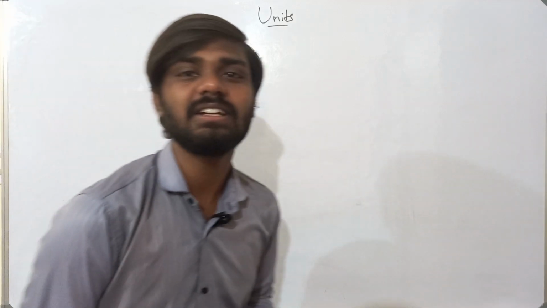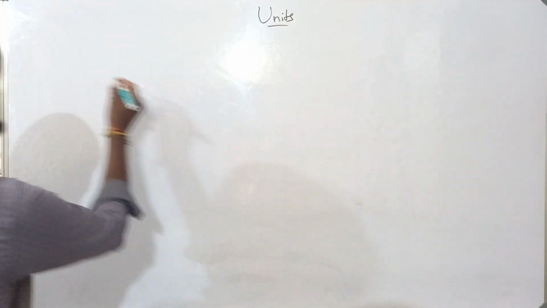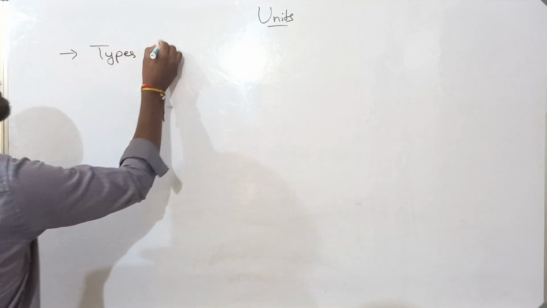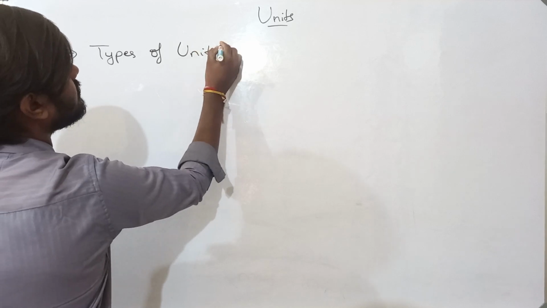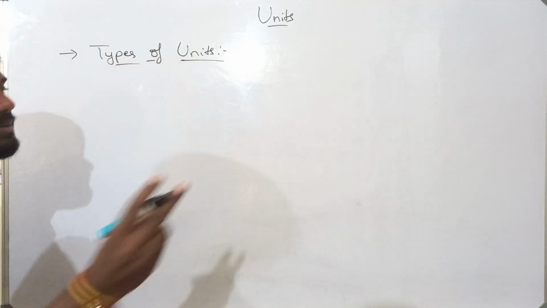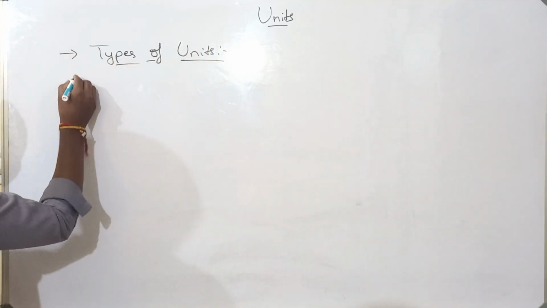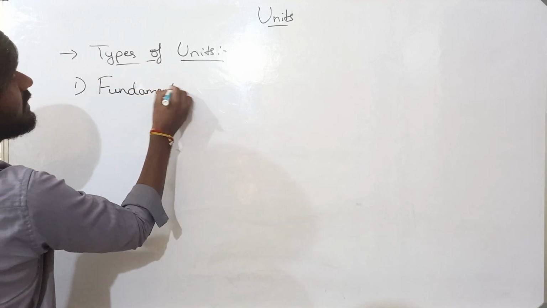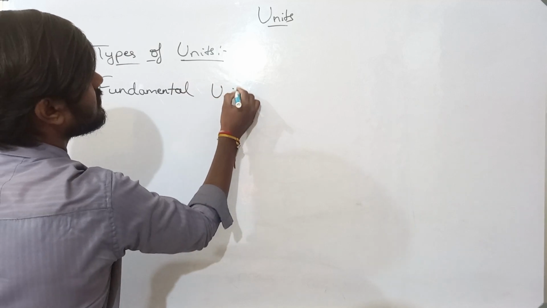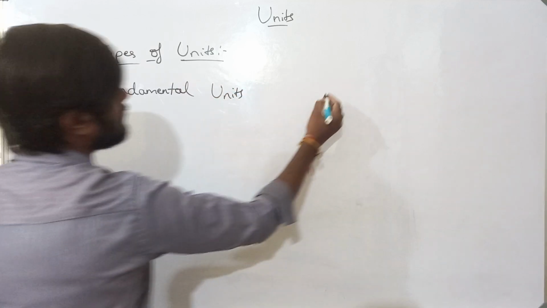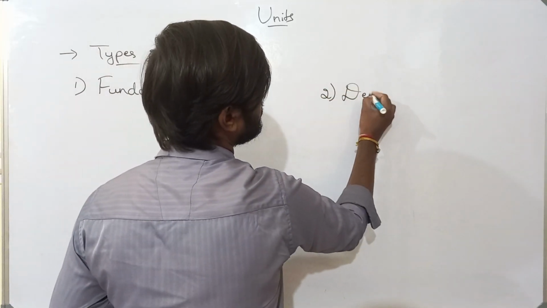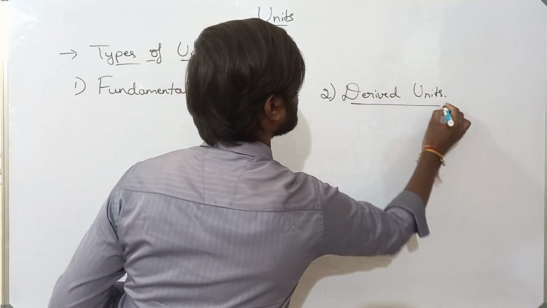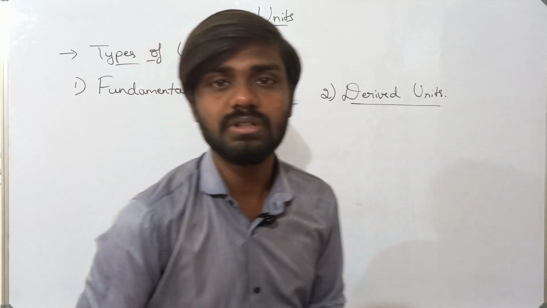Okay, let us continue our topic. See, I said let us see the types of units. There are two types of units. One is fundamental units, and the second one is called derived units.